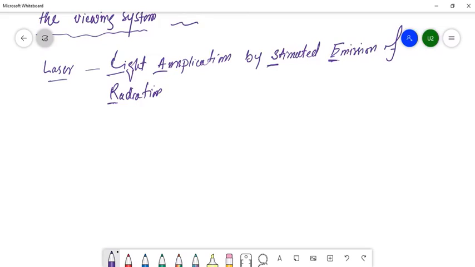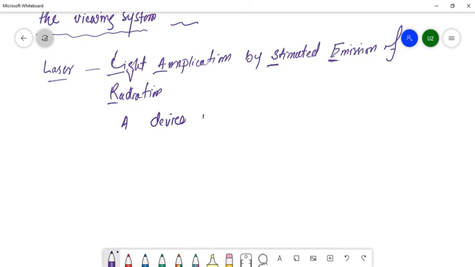Now let us define it briefly. It is a device. Let me write it: a device. You can also say an optical device. There are many ways you can define a particular thing.